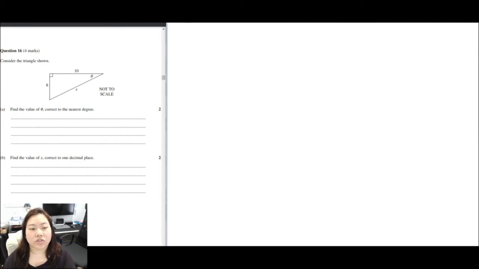Question 16. Consider the triangles shown. A. Find the value of theta, correct to the nearest degree. Theta, its opposite, adjacent, that is tan. Tan theta is equal to opposite over adjacent.